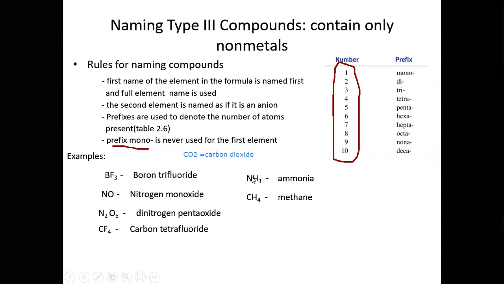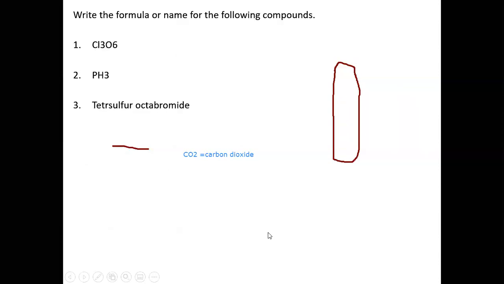So you notice that the binary covalent compounds with one of the elements being hydrogen, we have a different naming for them. There are exceptions to the normal systematic naming. PH3 is phosphine. Again, it's a different name than the systematic name. So make sure you remember the exceptions of these.